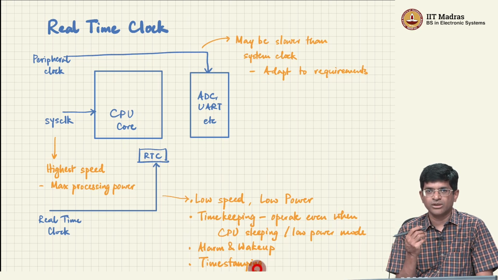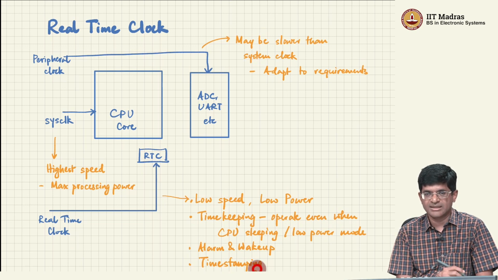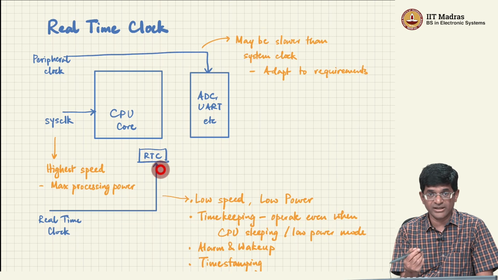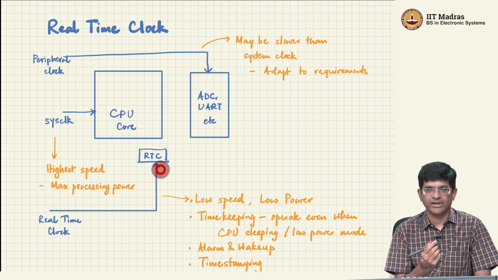And that way you can do time stamping of events, right? Every time that the event occurs, the CPU wakes up, looks at the RTC counter, and figures out how much time has passed since the last occurrence of this event. So the RTC is typically found in pretty much all microcontroller systems, right, and has some very specific use cases.